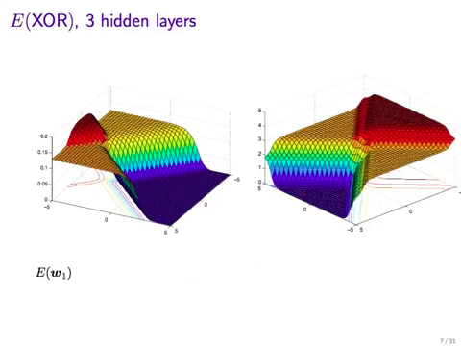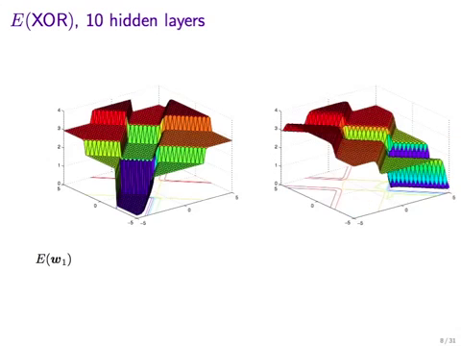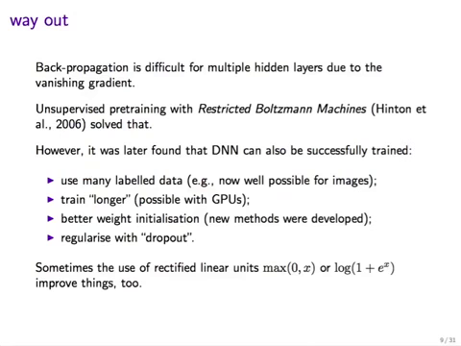As we add more hidden layers, so in this case, for instance, we have 3 hidden layers, the flat areas become flatter. So there, in these areas, the gradient is very close to 0, and learning is problematic. In this example, with as many as 10 hidden layers, you see that we have many areas where the gradient is practically 0. You will need a very good learning algorithm to deal with that.